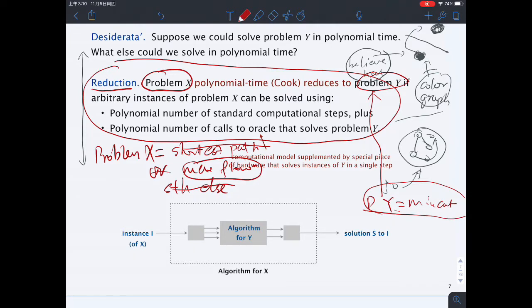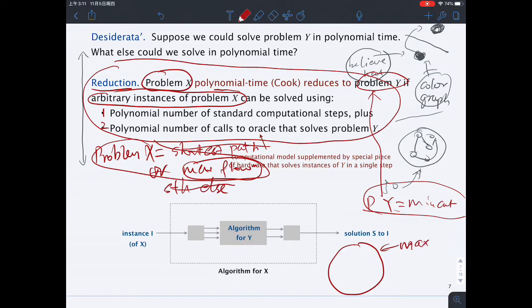We say that if arbitrary instances of problem X can be solved using step number one, number two, right? There's another notion here, the arbitrary instance of problem X. Let's assume we are working on problem X, which is the max flow problem. An arbitrary instance basically means you need to solve a concrete max flow problem.